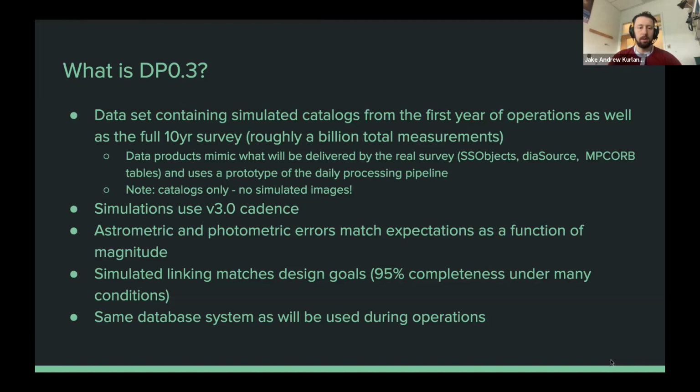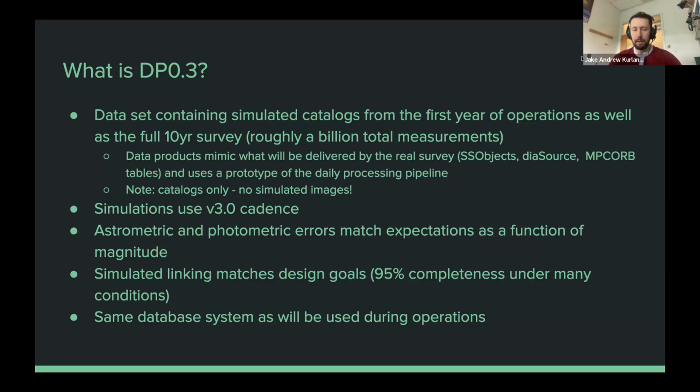And all of the data has some slight scatter and error from the truth values, according to the expected limiting magnitude and astrometric error that we should expect as a function of apparent magnitude of objects from the telescope.